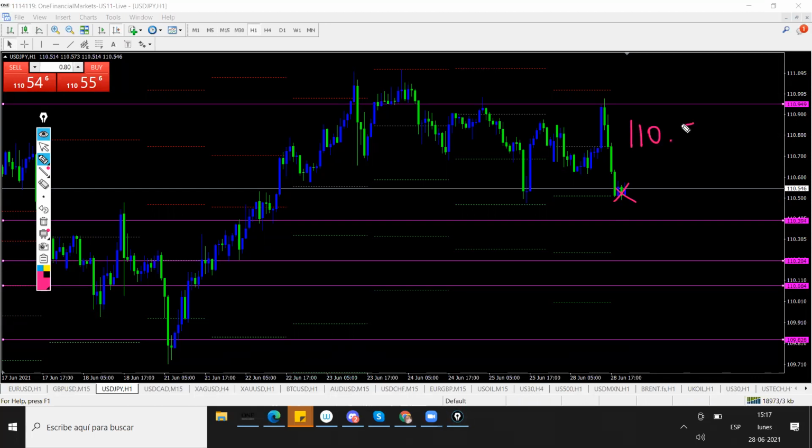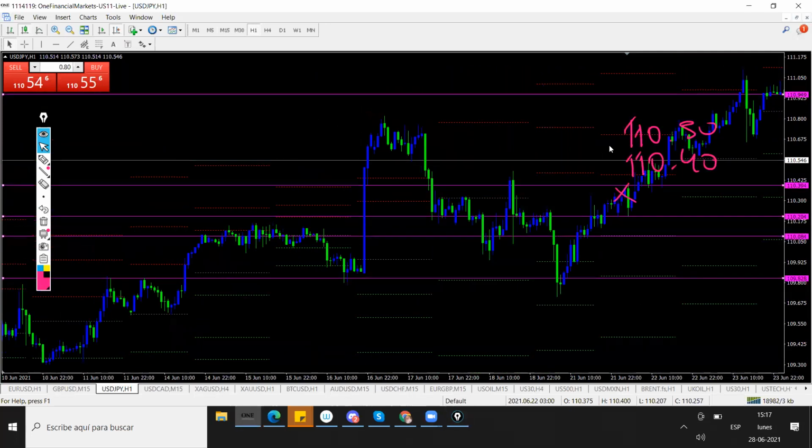So if I see the 110.50, then I'm going to start selling, but very careful, because I'm sitting above the 110 and I know buyers are very strong here. I don't know if you can see the buyers waiting on dollar yen. They're actually waiting around here at the 110.20 and the 110.10.